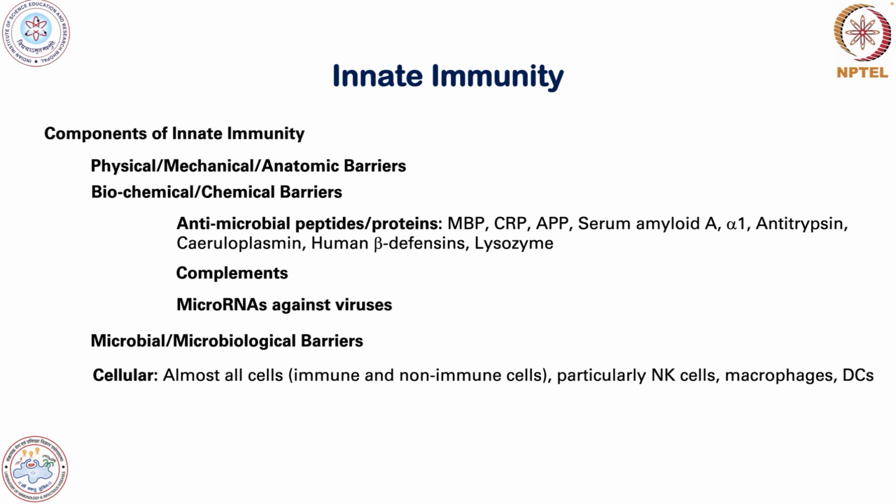Now you know there are many kinds of macrophages present in different organs. There are two major kinds of dendritic cells, although there are three, but here I am telling two because they play an important role in innate immunity: conventional dendritic cells and plasmacytoid dendritic cells. FDCs play an important role in adaptive immunity.